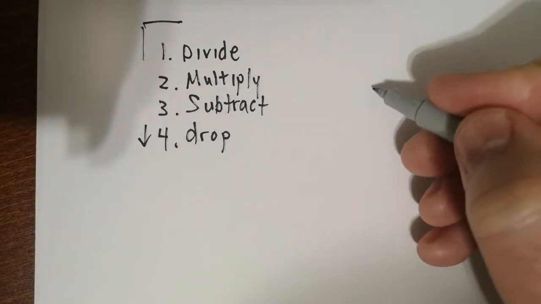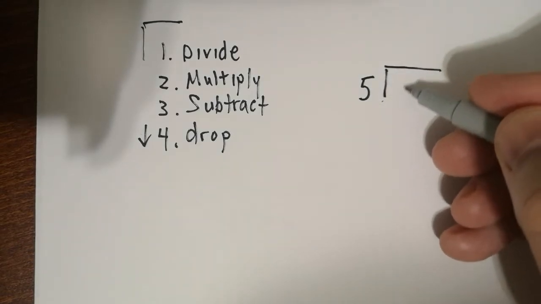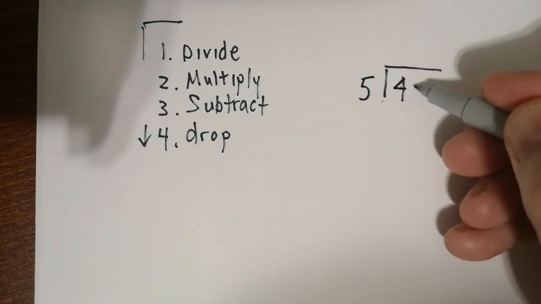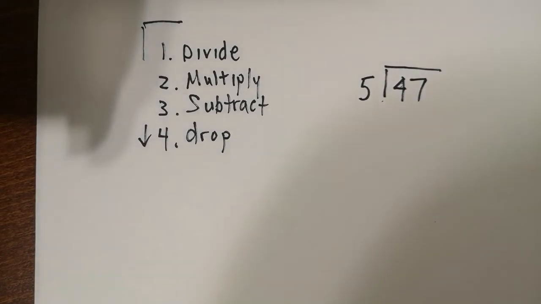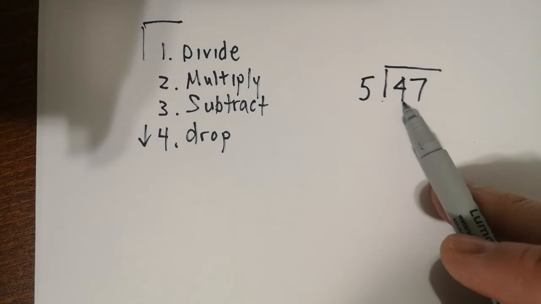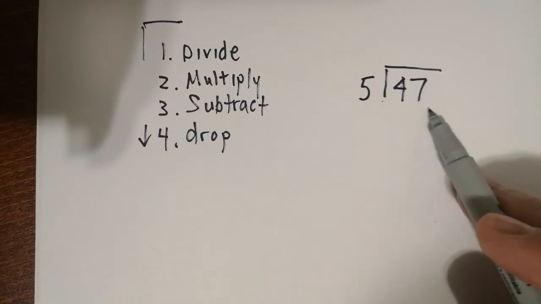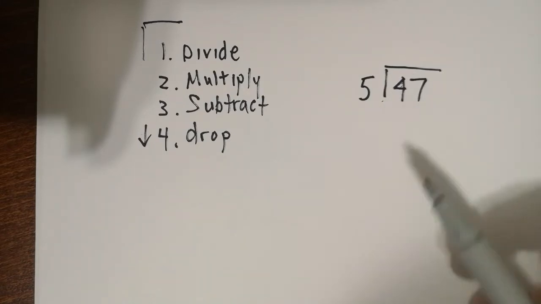I'm going to start with a divisor of 5 and my dividend 47, just random. Okay, so the first thing I do is I see how many groups of 5 I can get out of the first number, which is a 4, and I actually can't get any. So then I'm going to have to extend things and try to go into the first two numbers, which are 47.